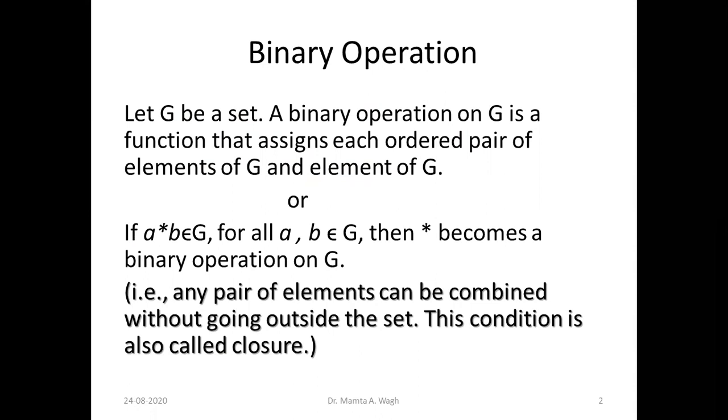If A and B are two elements and the operation is star, then the result of A star B is also in your set G. So we are not going out of the set. We are within the set combining two elements, and the result is in the same set. Such an operation is called a binary operation. So A star B belongs to G holds for all elements A and B in G. If such an operation exists, then we call it a binary operation on that set.